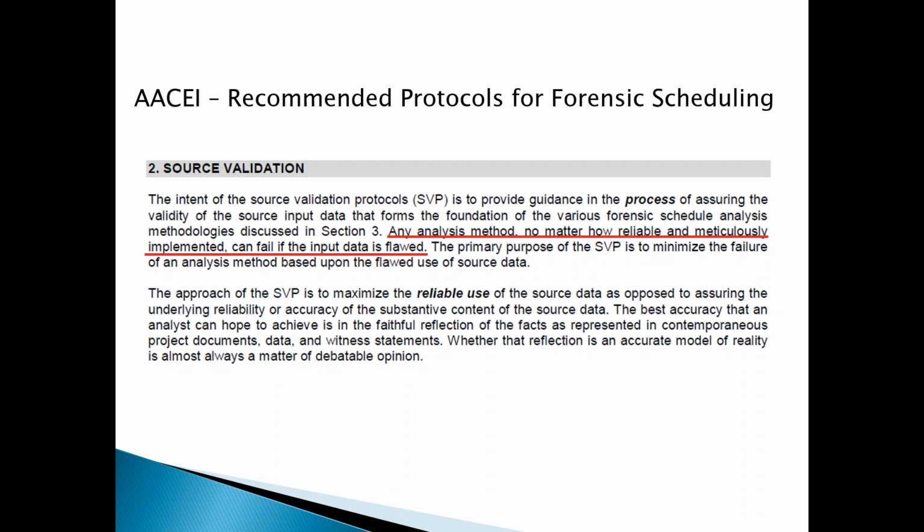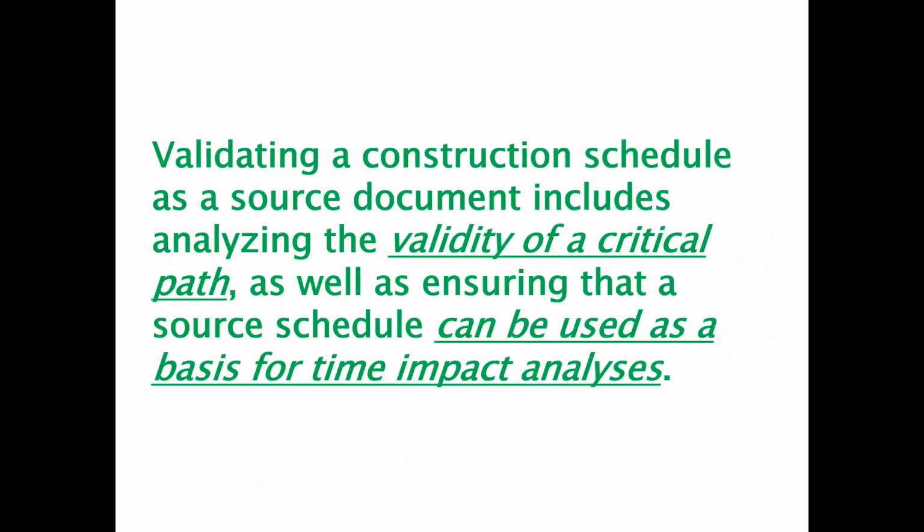If your critical path is unreliable, it's really not going to be a very good tool, not only for planning, but also for analyzing delays after the fact, and even for identifying issues as you're going on. So validating a construction schedule as a source document includes analyzing the validity of a critical path. And there are some basic tools available for that.